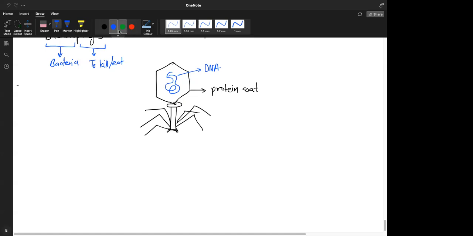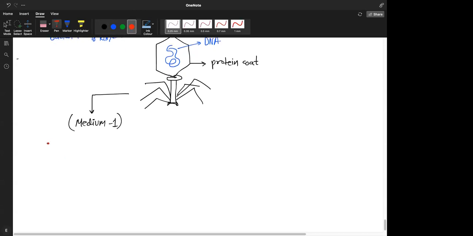Okay. So first was medium 1. In this medium, they used radioactive sulfur, S35.